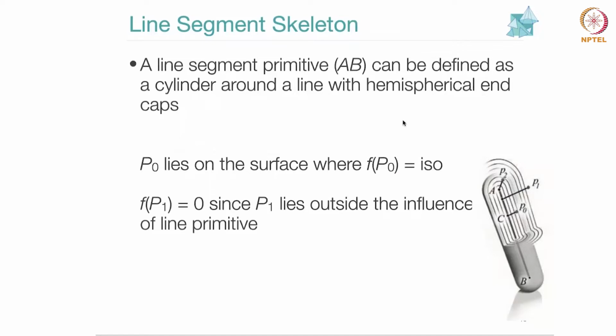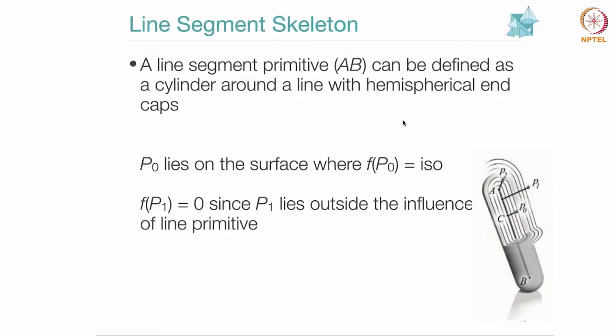So for example, line segment primitive AB can be defined, and the field around that could be defined in the form of a capsule or a cylinder with hemispherical caps, right? So we saw it for a 2D, remember, I drew it for a 2D line segment.